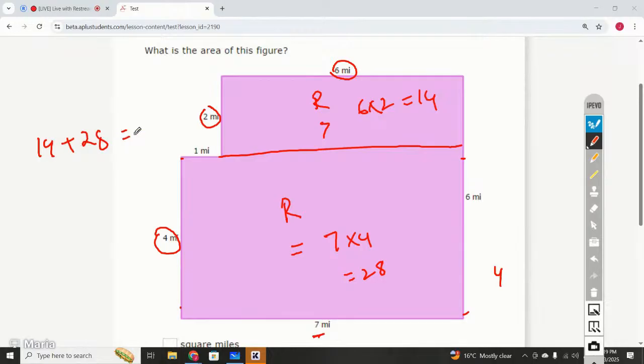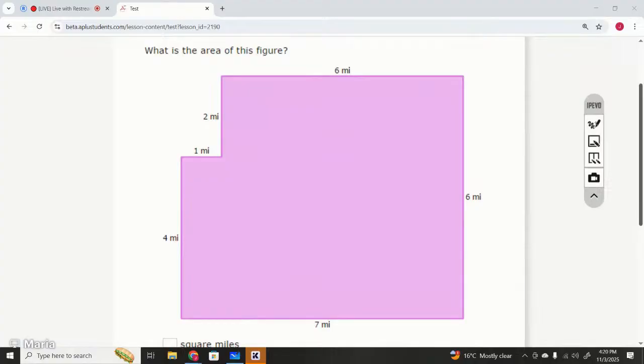So 28 plus 14 is 43 it is. The correct option is 43.